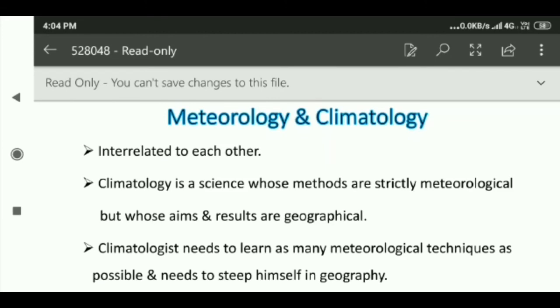Climatology is a science whose methods are strictly meteorological. In practice, the climatologist needs to learn as many meteorological techniques as possible and needs to steep himself in geography to determine the problems that will be most immediately worth his attention.